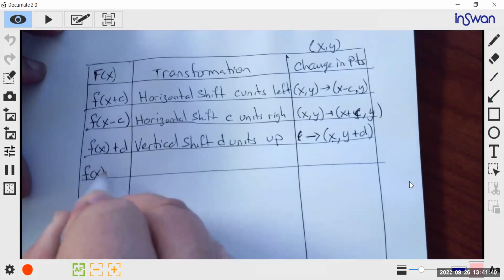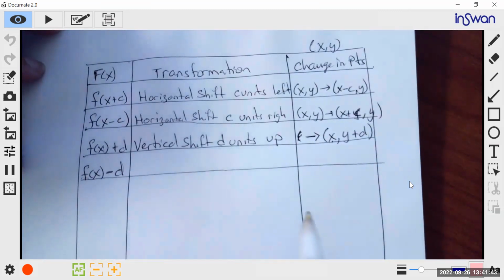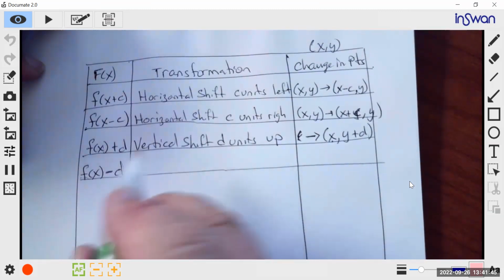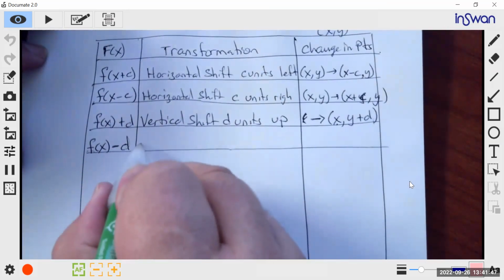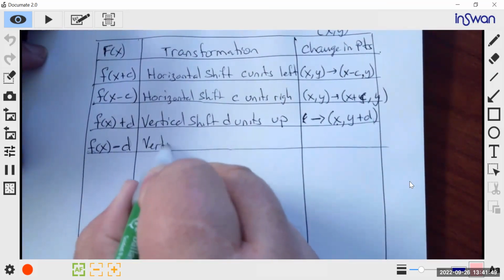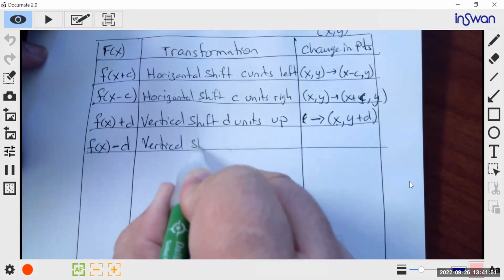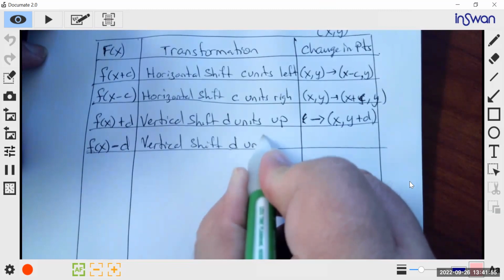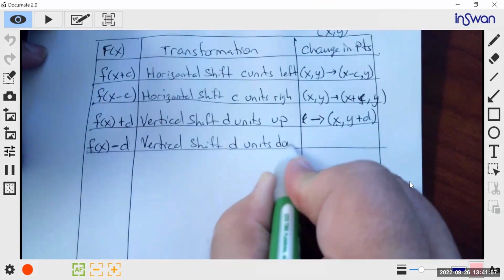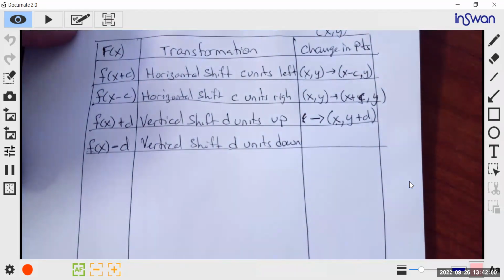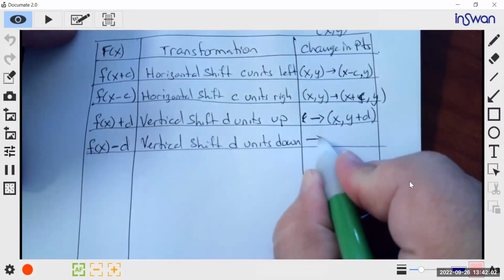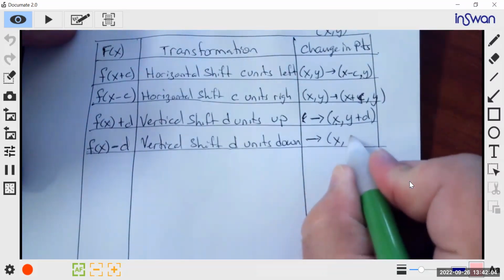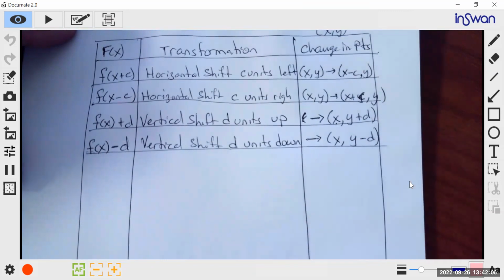F of x minus d. Again, it happens outside. It's another vertical, d units down. y minus d.